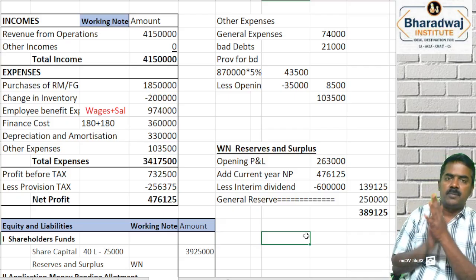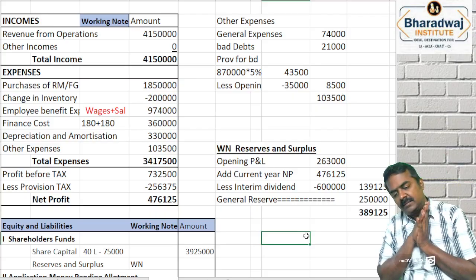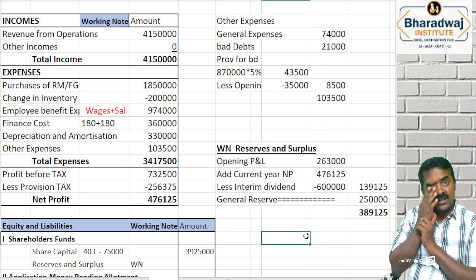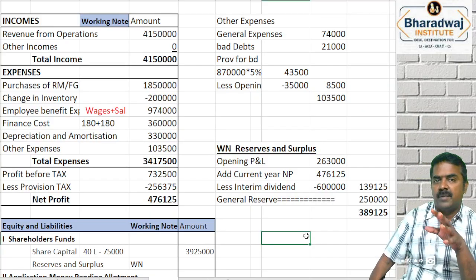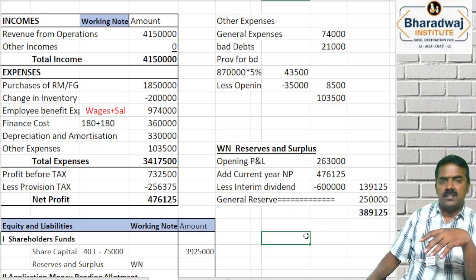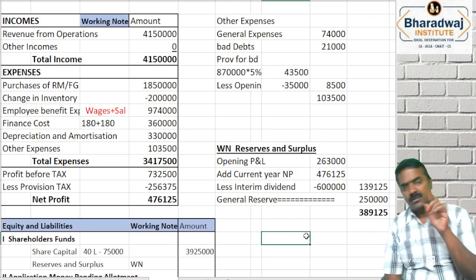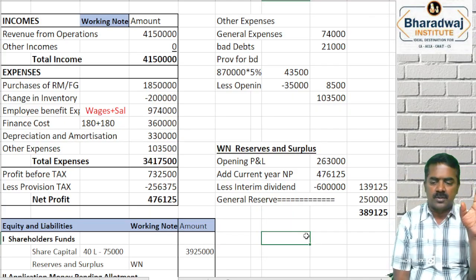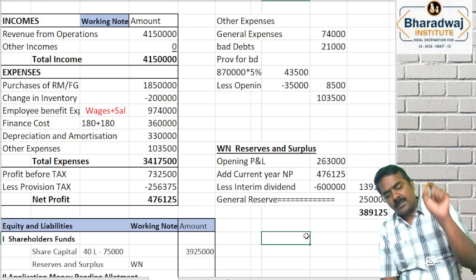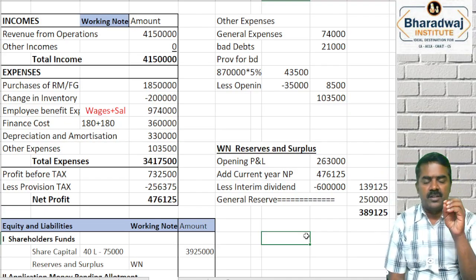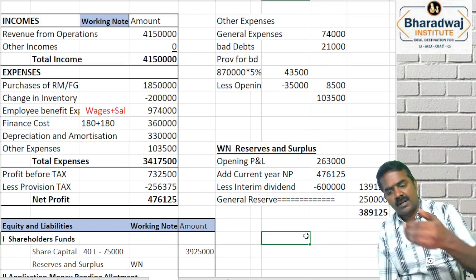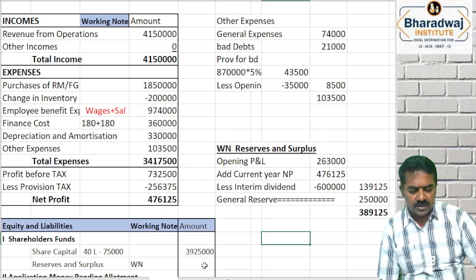Suppose they give preliminary expenses of 10 lakhs and ask you to write off only 1/5 or 1/4, write off that amount in P&L account, and the remaining will be adjusted in reserves and surplus.